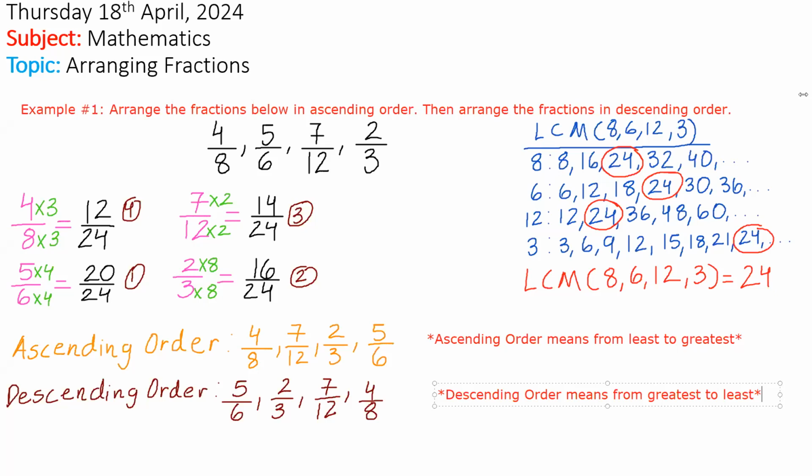Angel, do you understand how we got our answer? I can't hear from Angel. Bethany, do you understand how we got our answer? Okay, yes. And Brashawn, you understand how we got our answer? Brashawn, are you there?